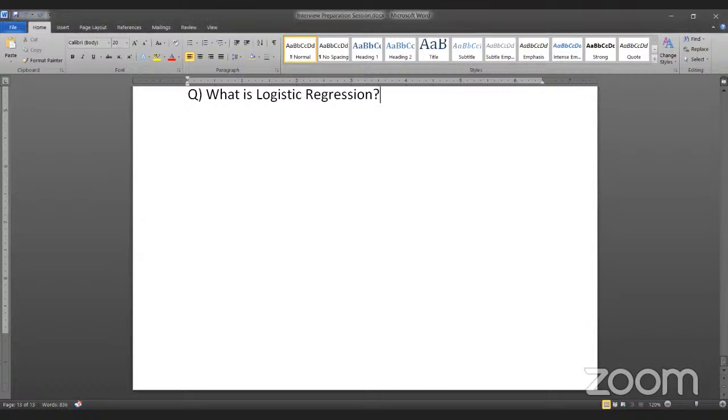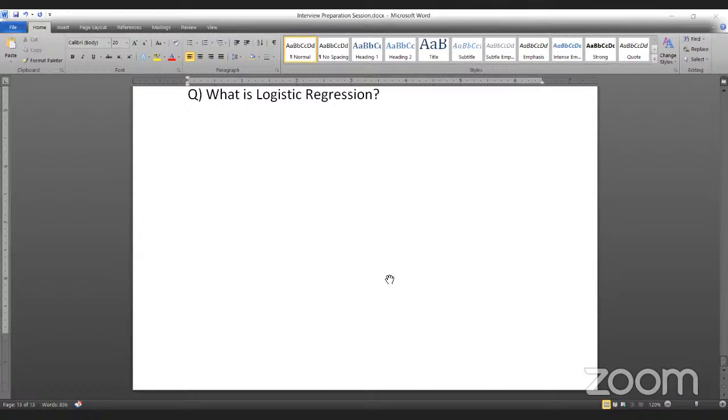Logistic regression is a supervised learning technique which comes under classification. In this, our outcome variable, or dependent variable, is in binary form. So basically the output should have only two classes.